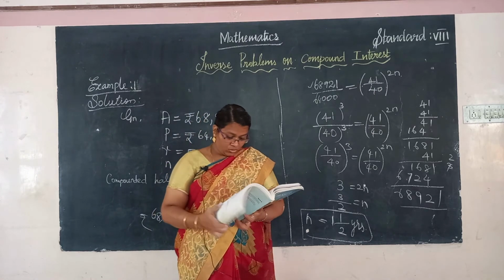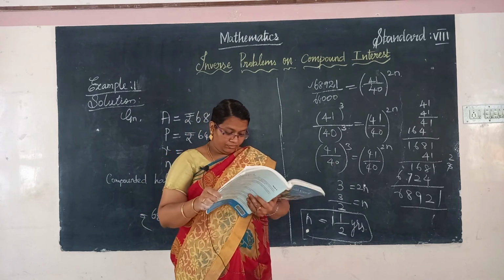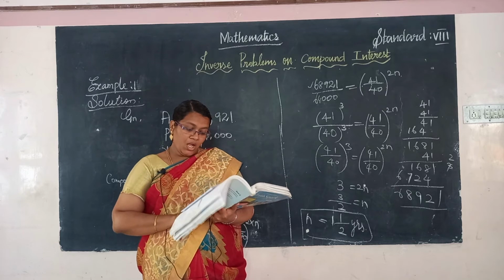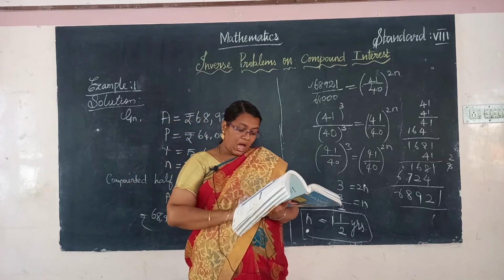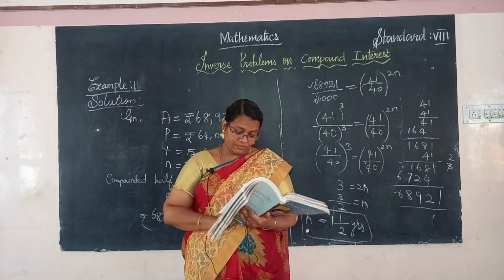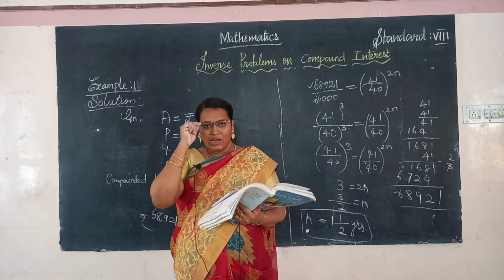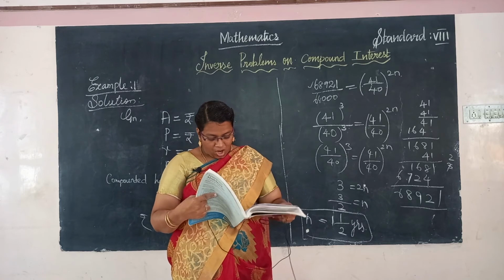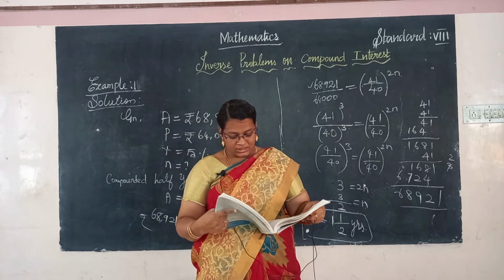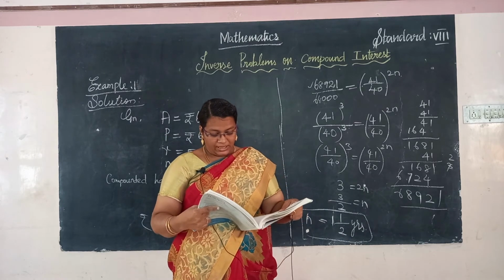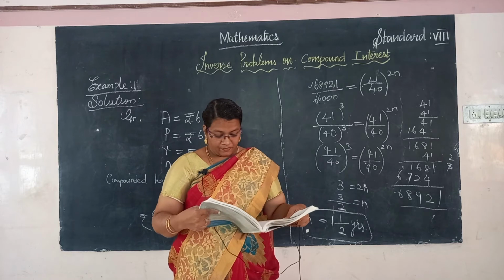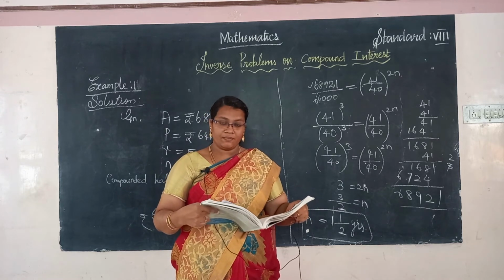Now move to the next one. Example 12. Two equal amounts are deposited in two different banks, one on simple interest and another on compound interest, for 2 years.